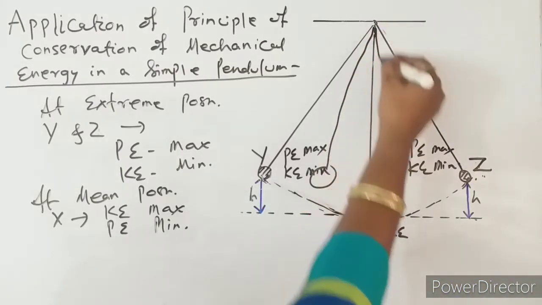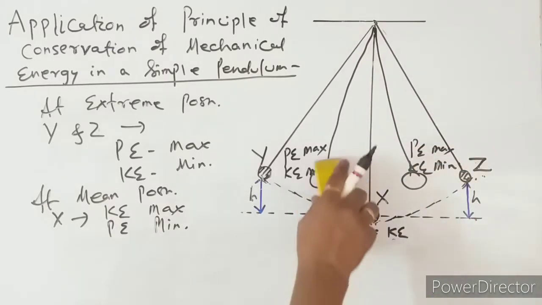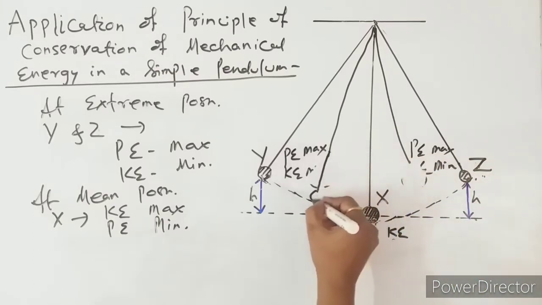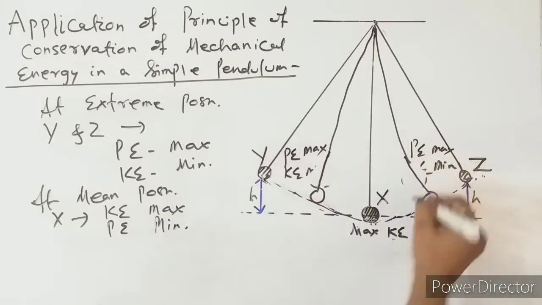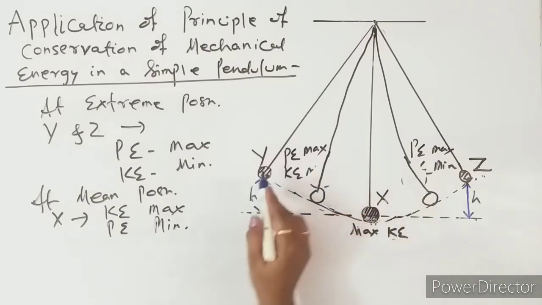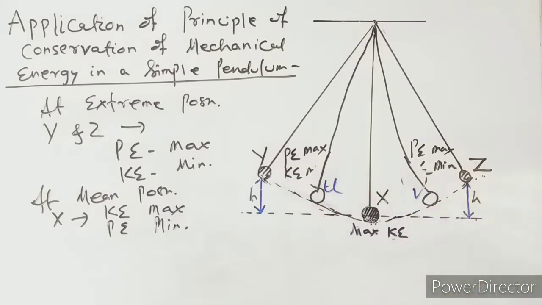Let it be the bulb, and what will be the energy possessed by the bulb at this condition? Let it be u and v.